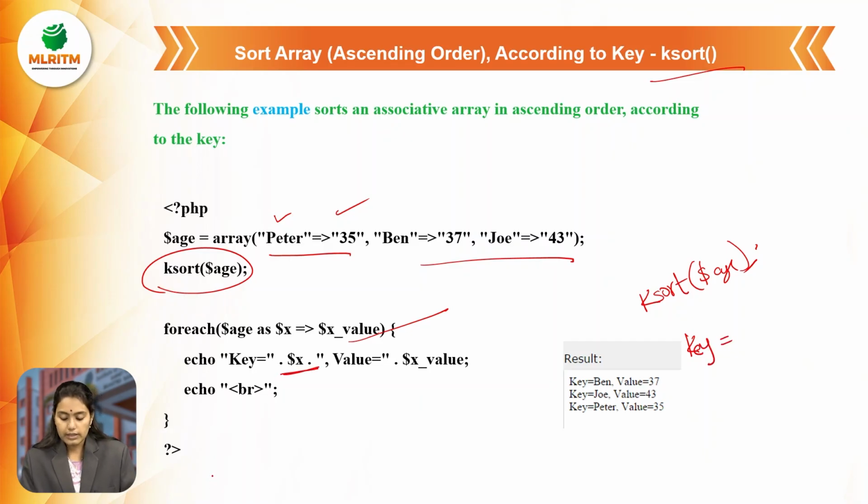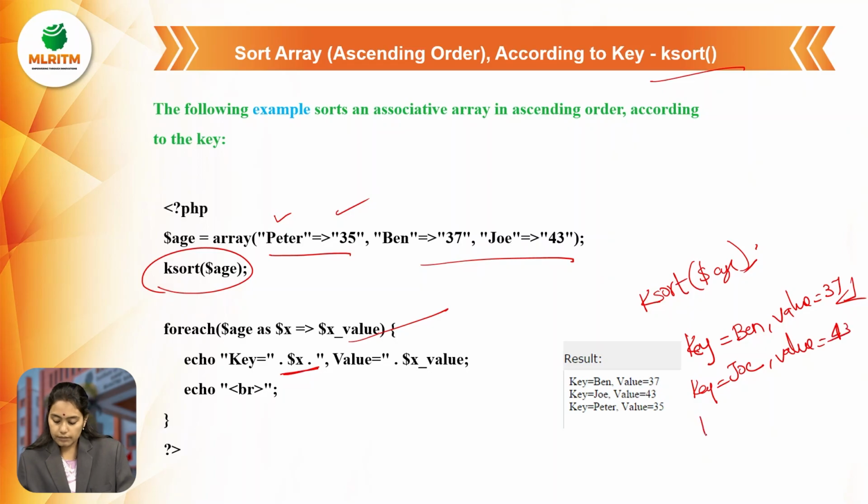What is $x? Ben. Why is it Ben? Because we are going in ascending order, sorting the array by keys. So key equal to Ben, value will be 37. After that, next key equal to Joy, value equal to 43. After that, Peter, 35.